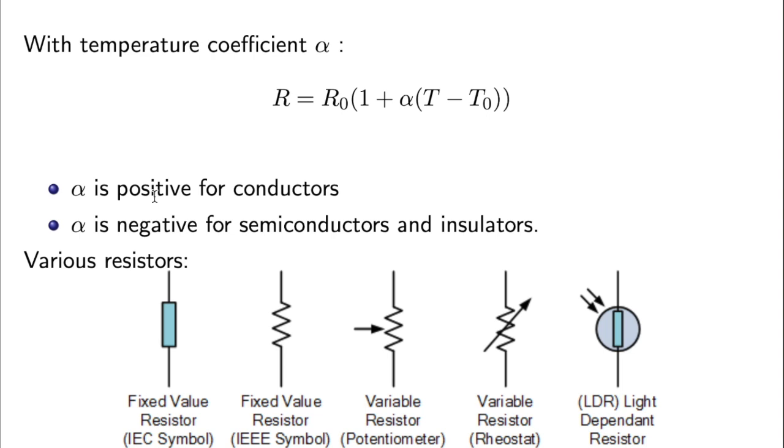Whereas in semiconductors and insulators, the number of carriers is limited initially, so because of the temperature increase, the number of carriers increases, facilitating the flow of current, and that facilitation is reflected as a negative value of alpha. So these are the various representations of resistors when used for various purposes, and used by various standard agencies.